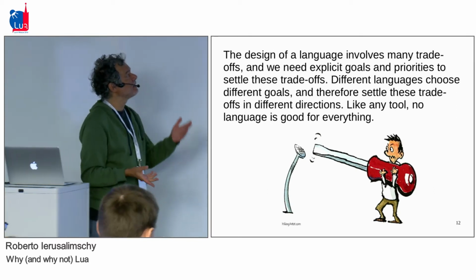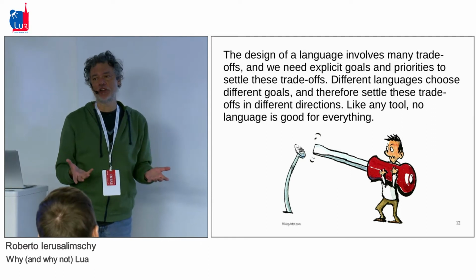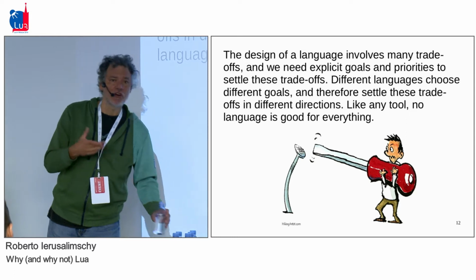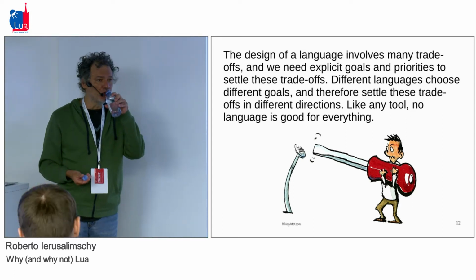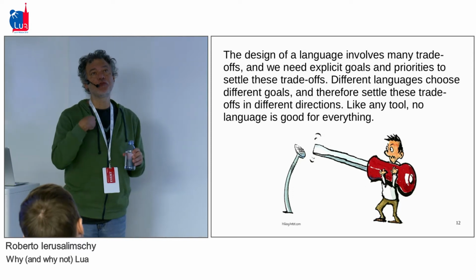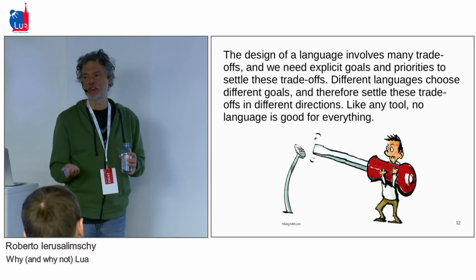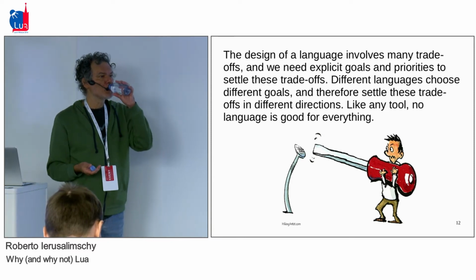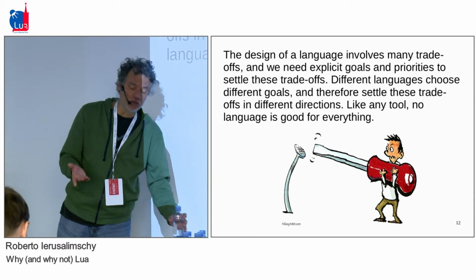And so in the end, what we have is that the design of languages involves a lot of trade-offs. We have to choose between performance or security or flexibility or ease of use, and we have to choose ease of use for whom, for professional programmers or for end-user programmers, what kind of programmers we want to focus our language on, what kind of hardware.